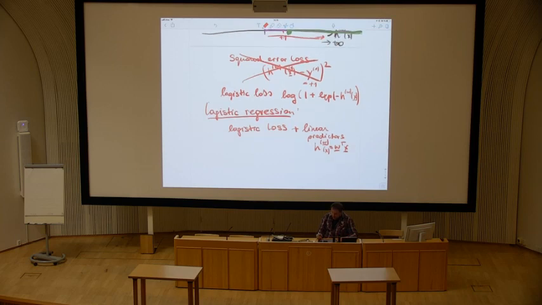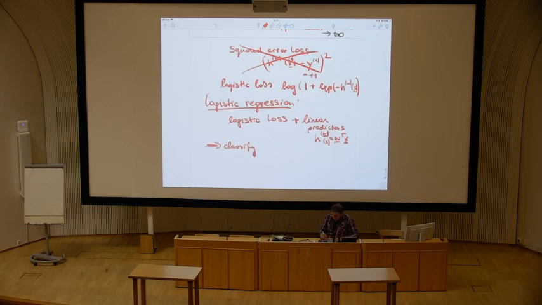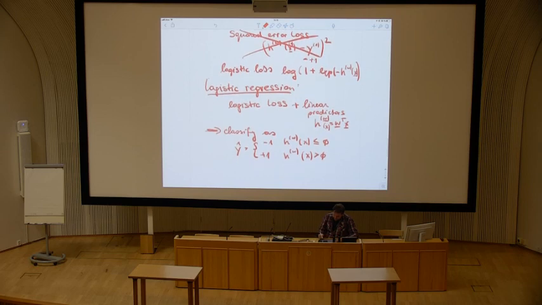And these linear predictors are then used for classification as follows. Classify as y hat equals -1 if the predictor is smaller or equal than 0, or +1 if the predictor is larger than 0.